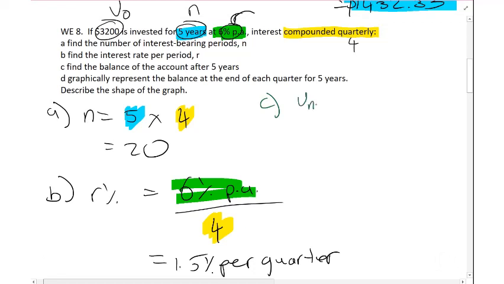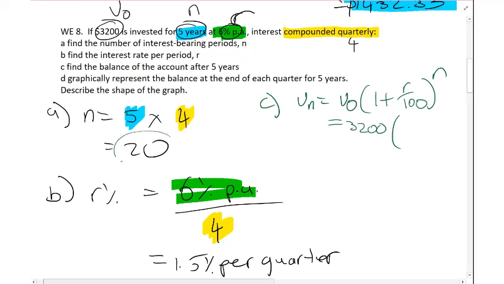So it's Vn equals V0 times (1 plus R over 100) to the power N. So we know that our V0, in this case, is 3200. Our Vn is after 5 years. So that's where we're using this term here. That's what our N is.